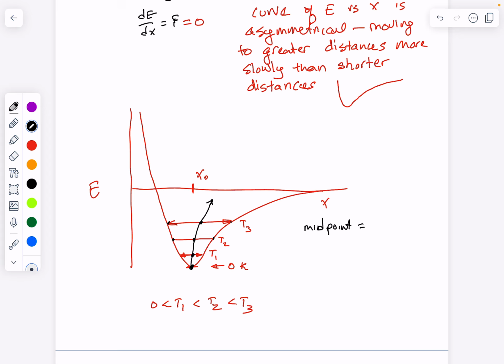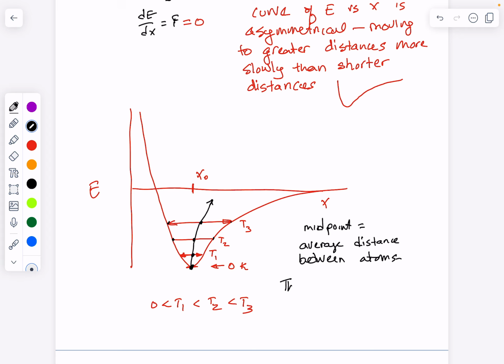The midpoint represents the average distance between the atoms. And so the asymmetry of the curve explains why materials expand when they are heated.